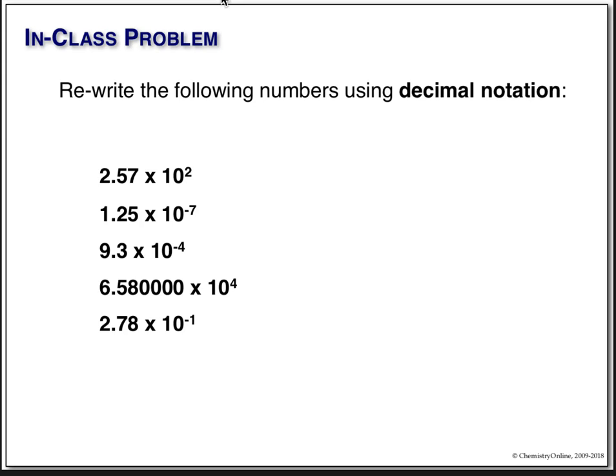Here our exponent is positive. That means we're going to move the decimal to the right. It's going to go here, and we just wind up with 257.